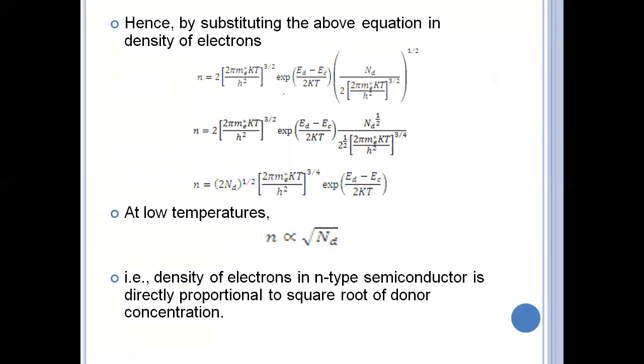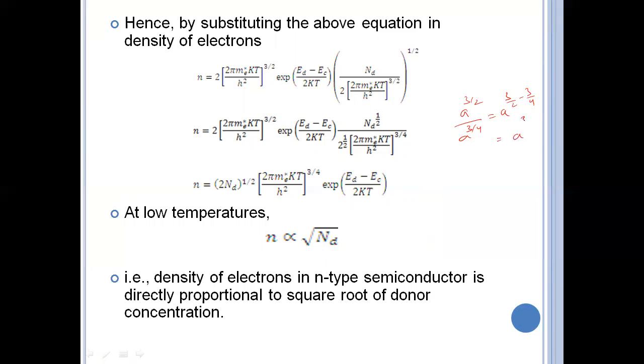So after substituting it, let's try: Nd power 1 by 2, 2 power 1 by 2, and 2 power 1 and 2 power 1 by 2 will give you 2 power 1 by 2. This one is 3 by 4 and this one is 3 by 2. So a power 3 by 2 by a power 3 by 4, this will be a power 3 by 2 minus 3 by 4.